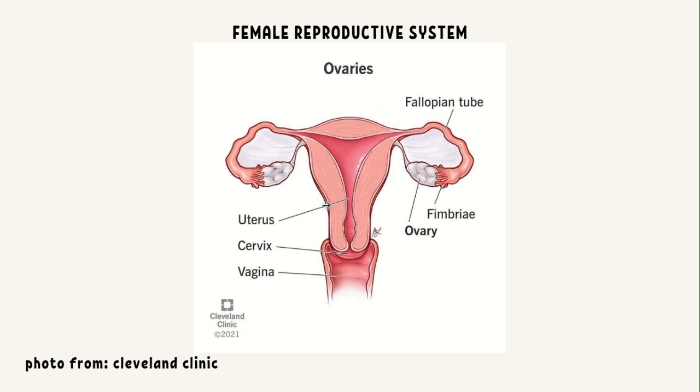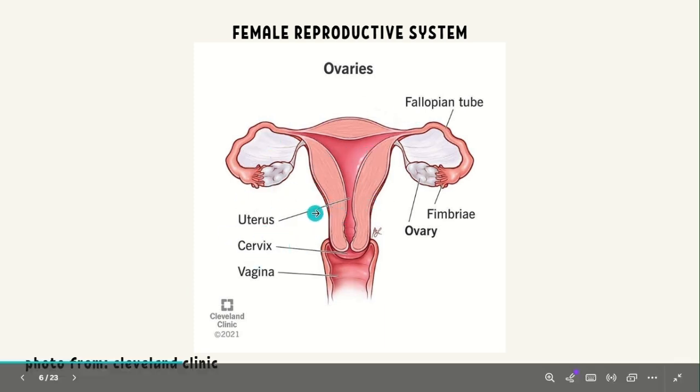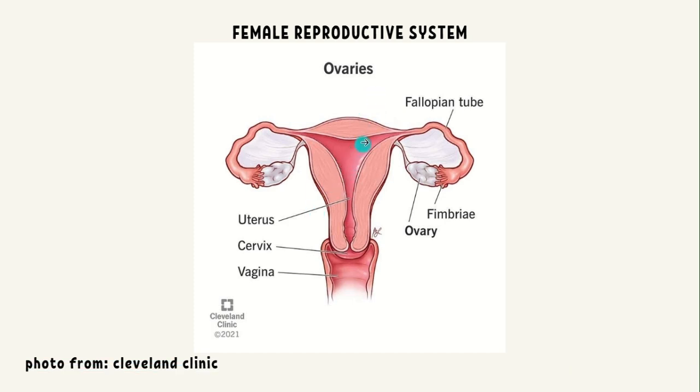The uterus is very important. For example, when they talk about the uterus lining with the menstrual cycle, the lining would shed, or basically break down. This is the ovary, this is the fallopian tube, and this is the fimbriae.